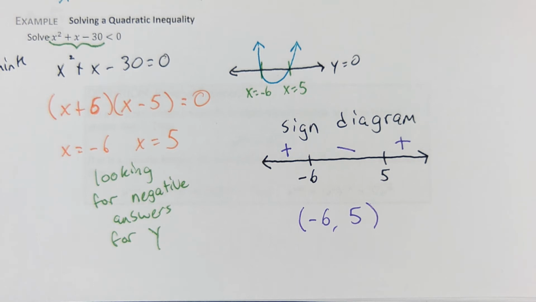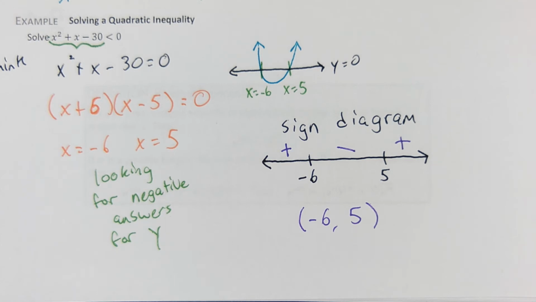Yes? Could you go back to the notes? Yes? If you were doing it without the equals and you had the inequality sign the whole time, you would get x is less than negative 6.